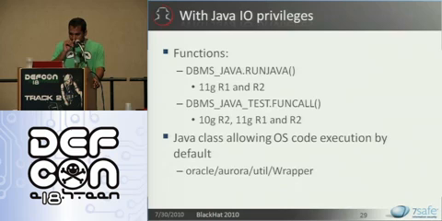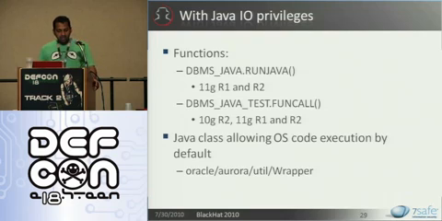Right. So moving on. That was quite an old issue, patched in 2006. If your connection string user, or your SQL injection is such that whatever code you are injecting, that particular user has Java IO permissions, then you can execute OS code on an Oracle database.